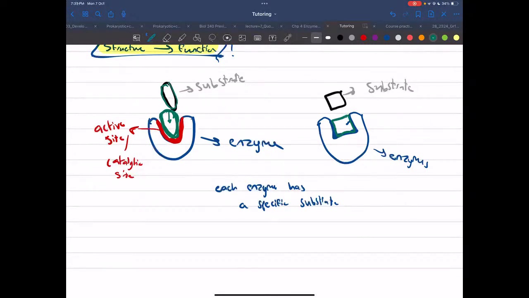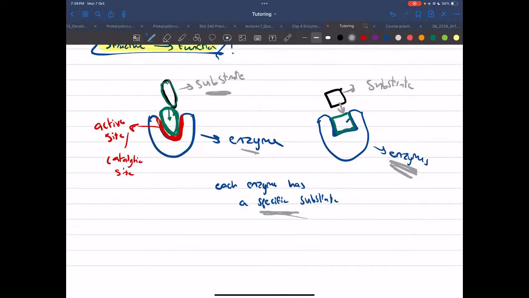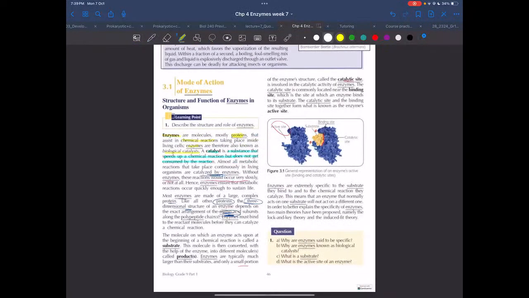That's why this substrate will bind only to the enzymes that have this binding site. That's why we said enzymes are specific, and this substrate will only bind to enzymes that have this binding site, okay?